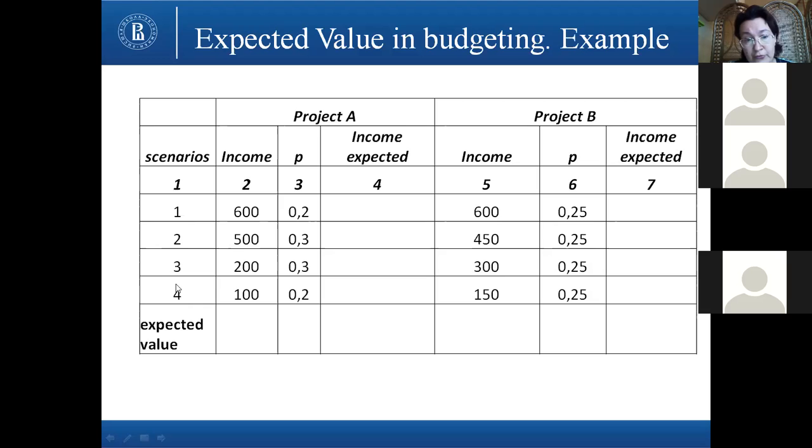We can see four scenarios and income corresponding with these scenarios, and targets for income for project A and project B. We also know the probability of each scenario, and what is required is to calculate the income expected per each scenario for project A and project B, and to calculate the expected value.